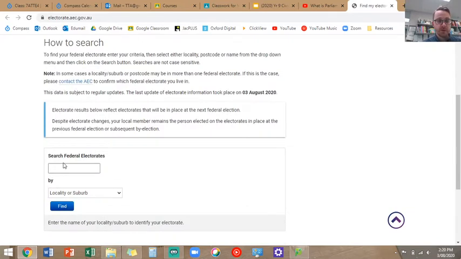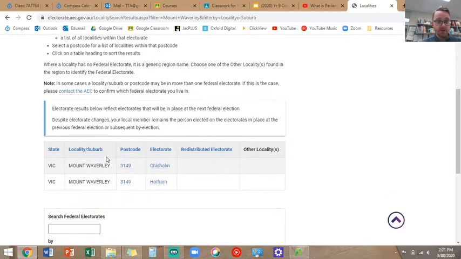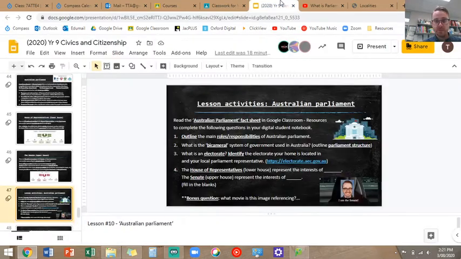So let's say I'm looking for Mount Waverley. I go find. Did that work? It did. So if I'm in Mount Waverley and I'm living in postcode 3149, I can go to Chisholm and you'll see that my local member is Gladys Liu. So that's how you complete that question.